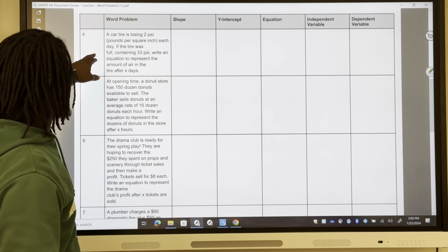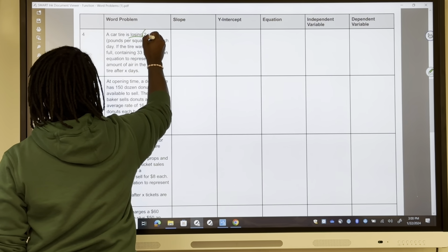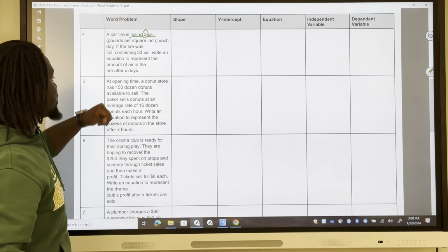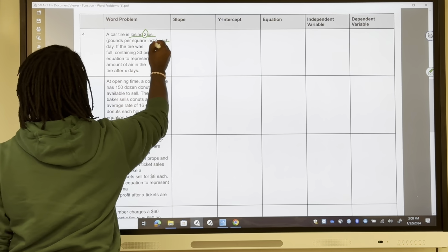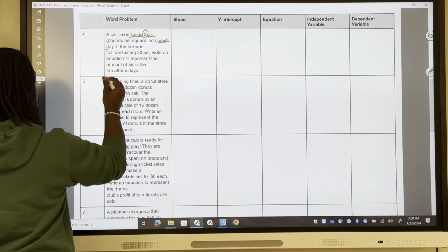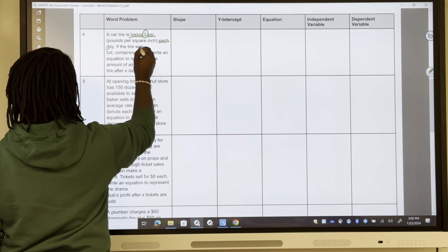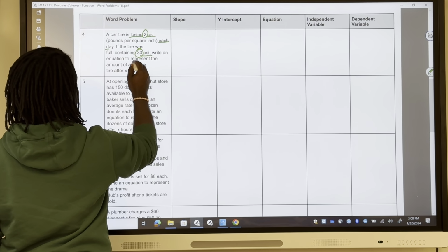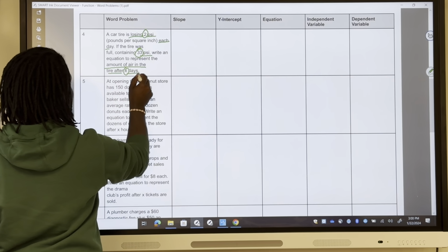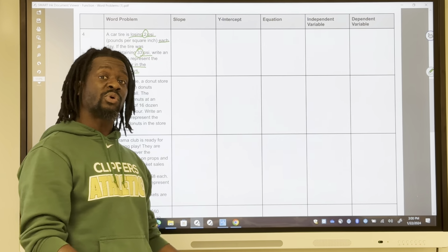All right, problem number 4. A car tire is losing 2 psi, which is pounds per square inch, each day. So it's losing that much each day. Okay. If the tire was full, containing 33 psi, write an equation to represent the amount of air in the tire after x days. Okay. So start with the slope.